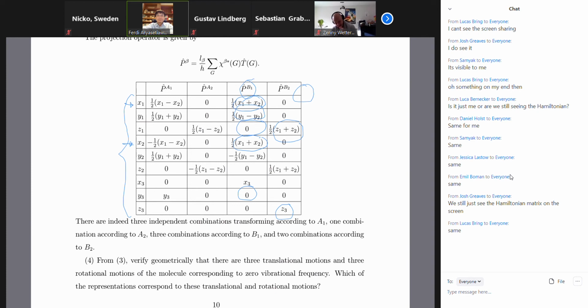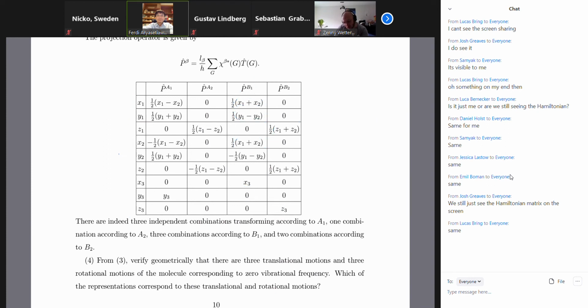What's important is the combinations, of course, the relative coefficients like x1 plus x2. This coefficient 1 and 1 is important, but the constant multiplying the whole thing is just a normalization constant.